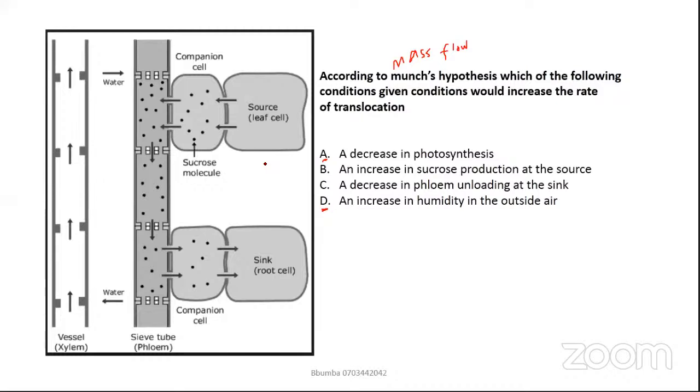An increase in humidity in the outside air is going to, since the cell has more solute inside, it tends to attract the water inside, thus increasing the water potential inside the cell. And the solute potential decreases. So it decreases the rate of translocation. That's what I think.